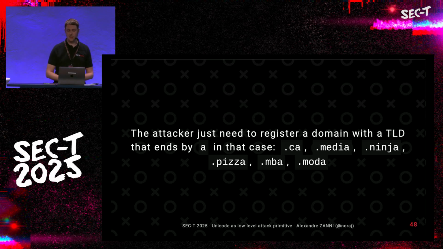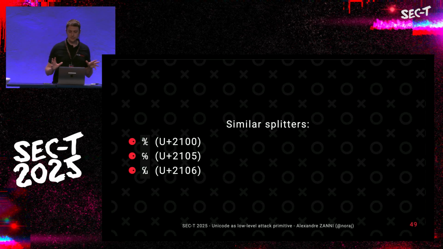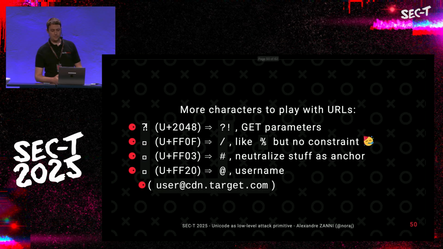In this example, I used the .ca TLD, but I could have used any TLD that ends with an A. There are other, what I call splitter characters like that. For example, for the last one, you will be able to use a TLD that ends with a C. But there are many more characters that, when normalized like this, will also result in interesting characters to manipulate URLs.